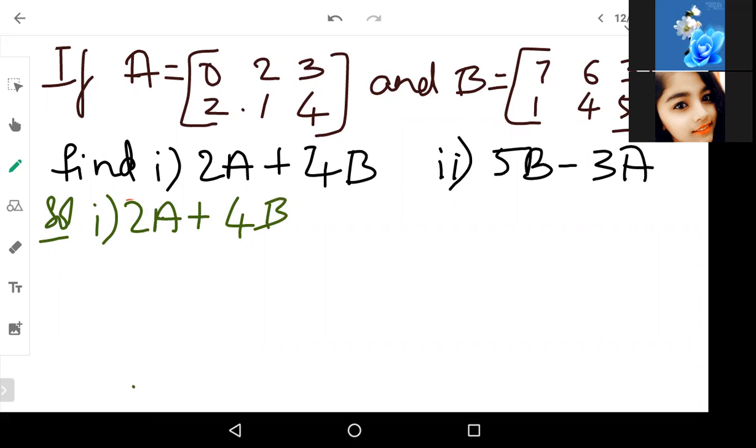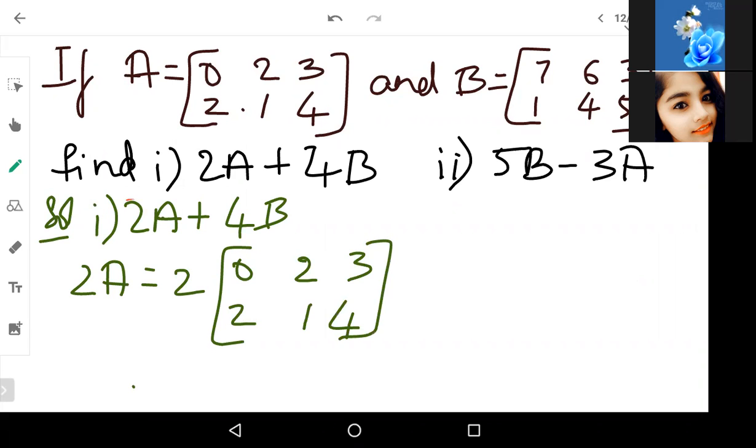Now here you have to find 2A first. So 2 into A is 0, 2, 3, 2, 1, 4. Now can you find the 2A matrix here quickly?